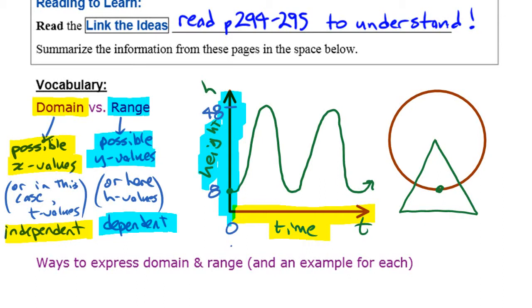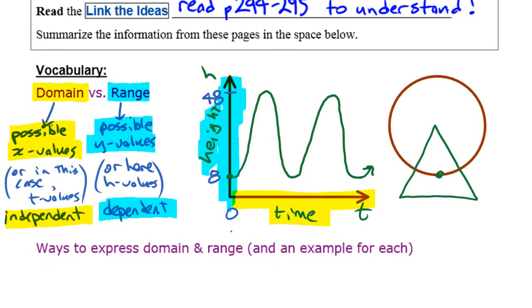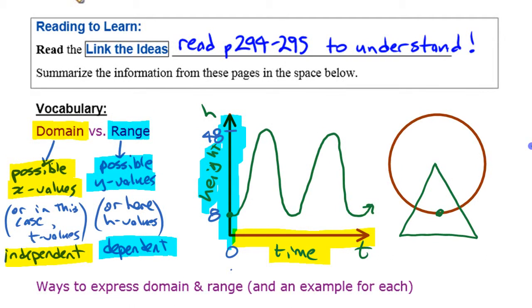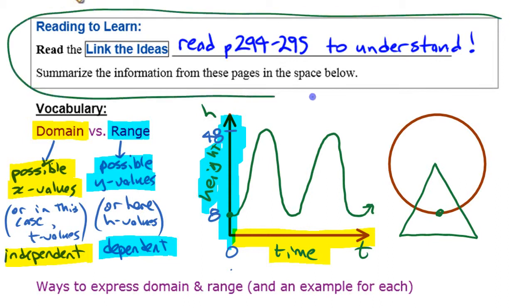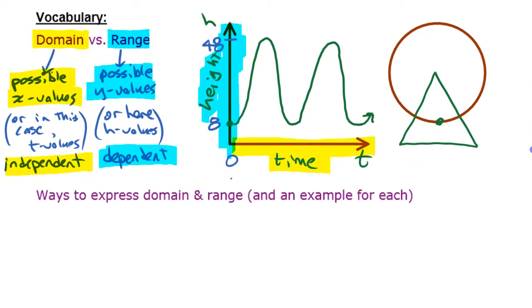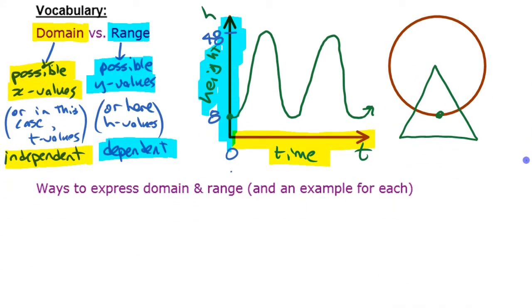There's a lot of different ways to express domain and range. If you don't like what I'm saying here or you want another opinion or another source, you could go to the textbook and look on those pages. It has a nice little summary of all these things. But for now, I'm going to just write you my own summary down here. Ways to express domain and range.